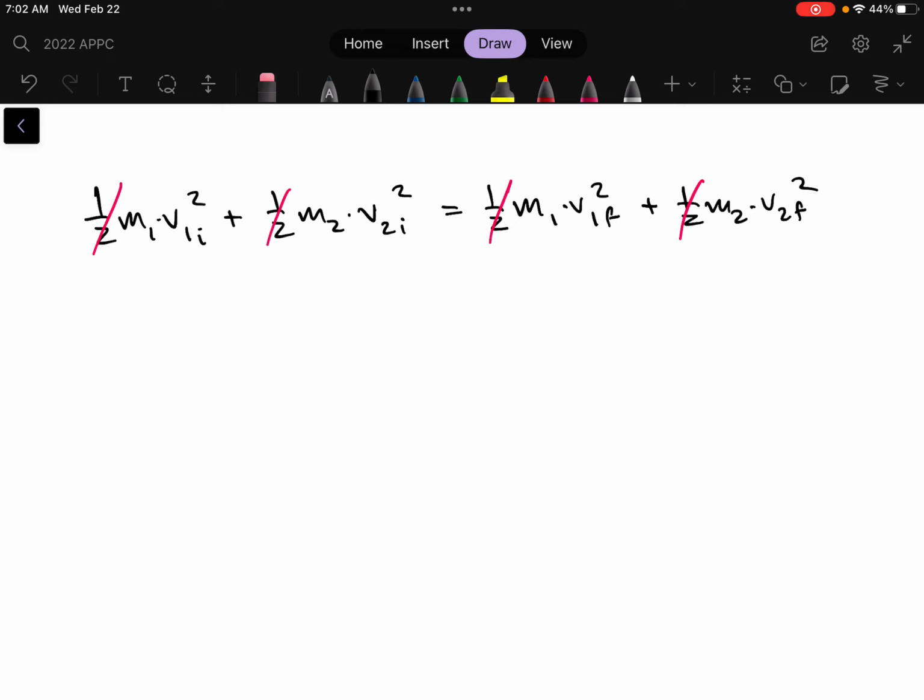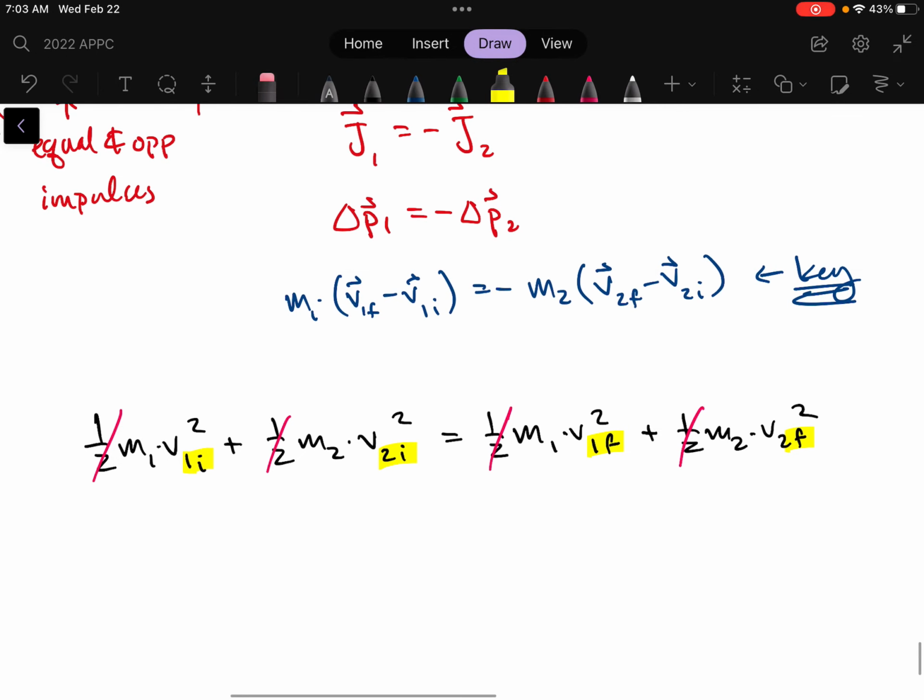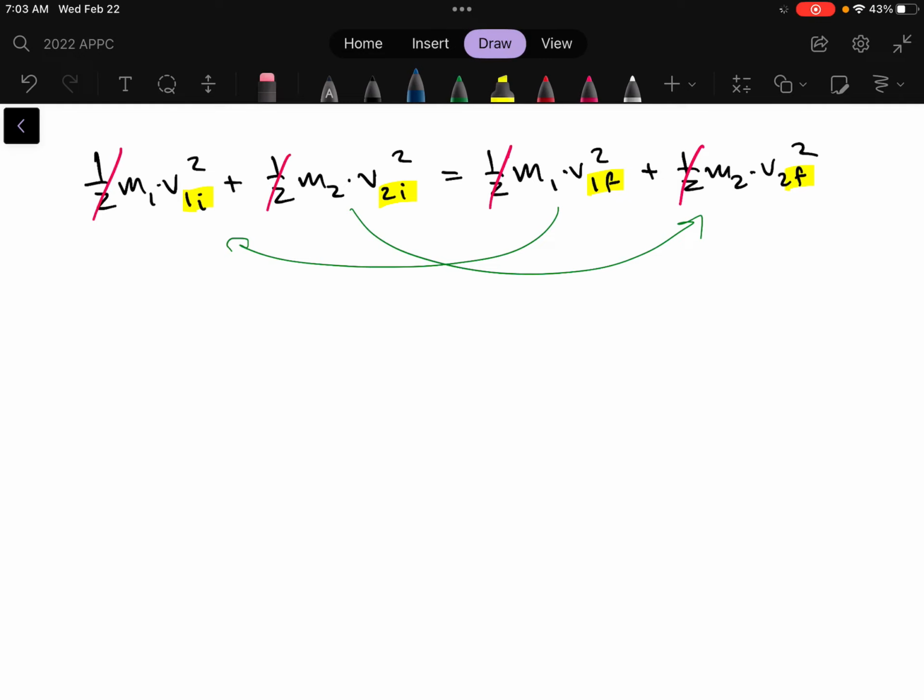But we've got all of the object 1 values on one side and the object 2 values on the other. In order to get something that can utilize this formula, we have to have all the 1s on one side and the 2s on the other. So let's do a little bit of moving things around. I'm going to take this and move it over here, and that and move it over there.